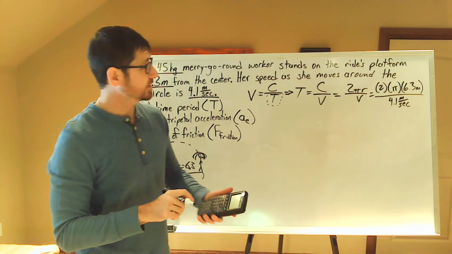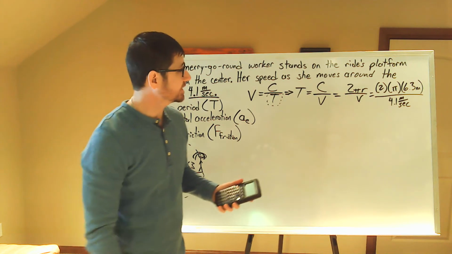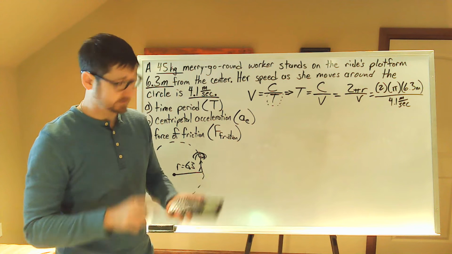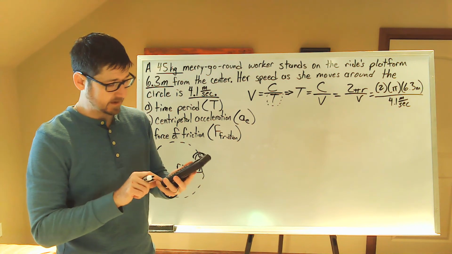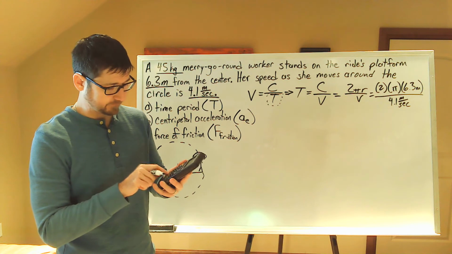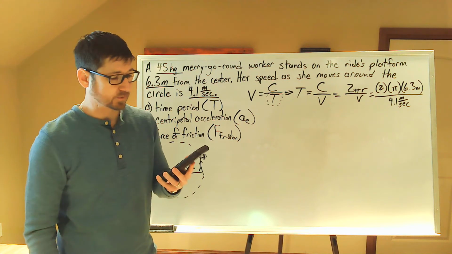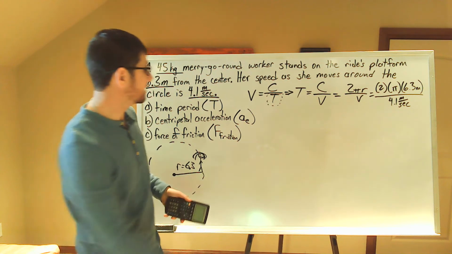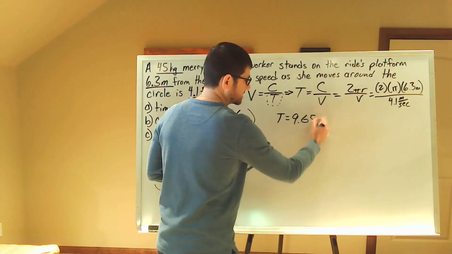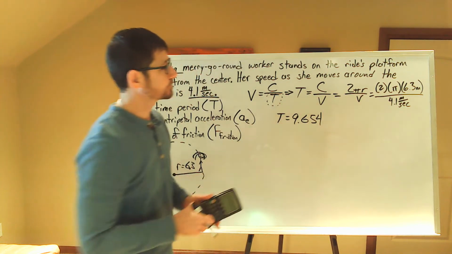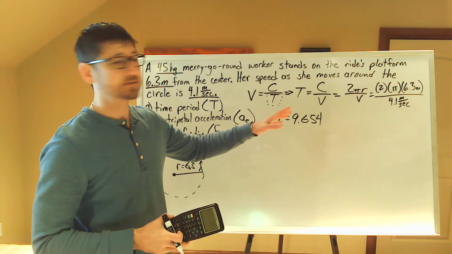So 6.3 meters times 2 is going to be 12.6, and then times pi. So 12.6 times pi divided by 4.1. That's going to give us 9.654. So time period equals 9.654. And now let's take a look at the units here.